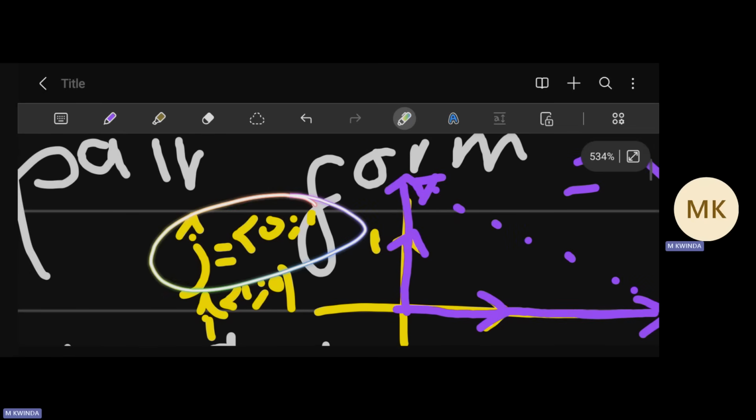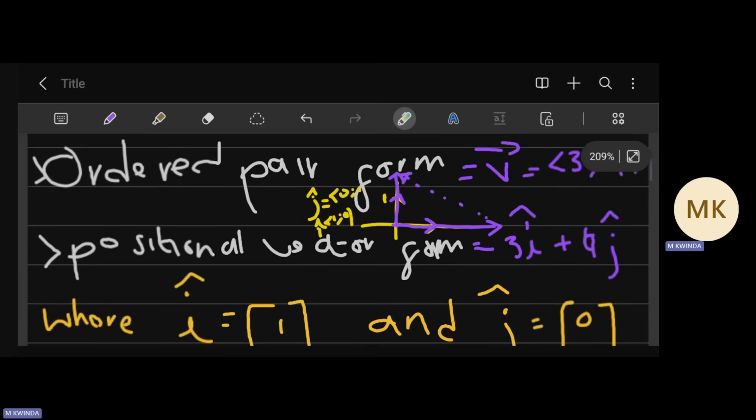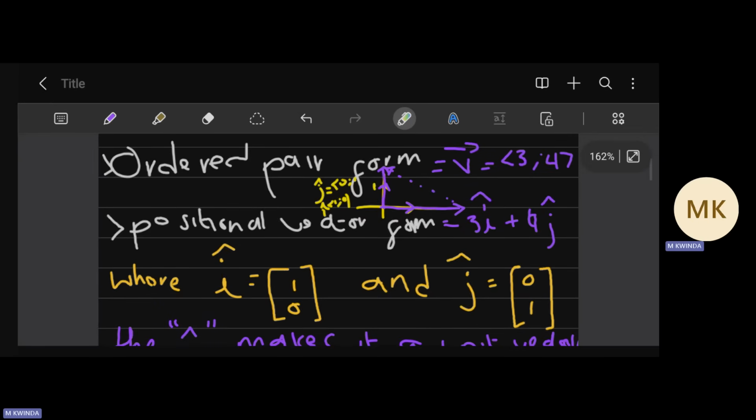Remember, you have i's and j's. This also tells you that vectors can be scalar multiplied, meaning they can extend. When they extend, they don't change direction. They just move in the same direction, just a longer version of it.